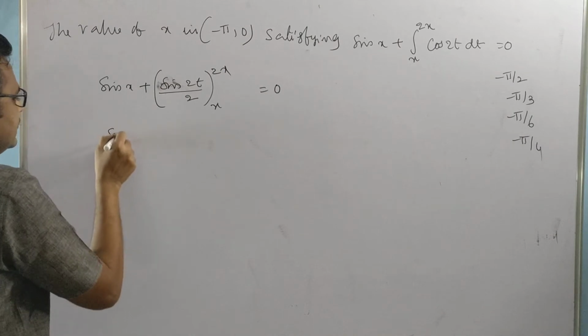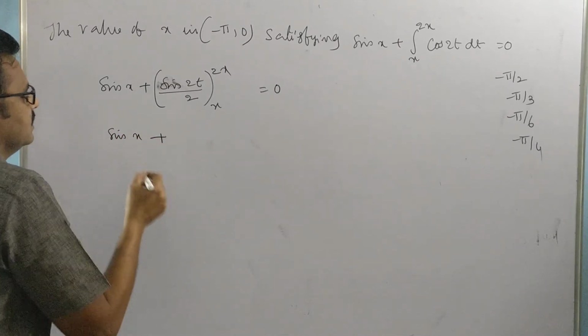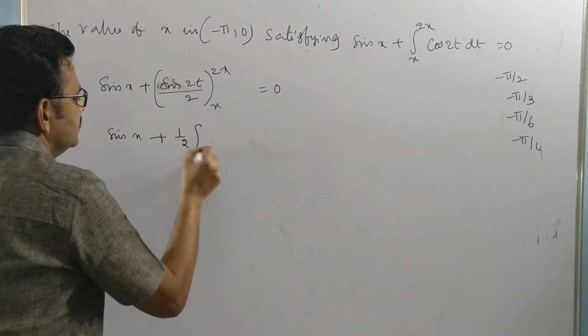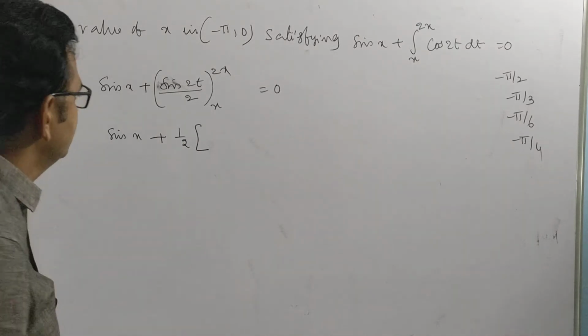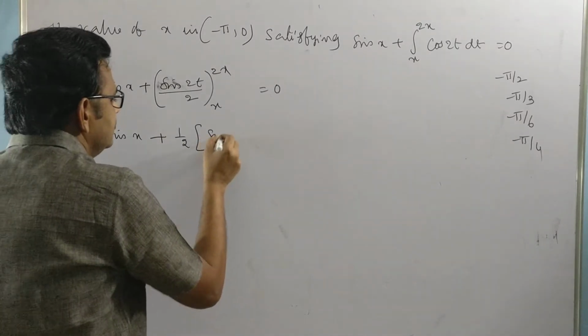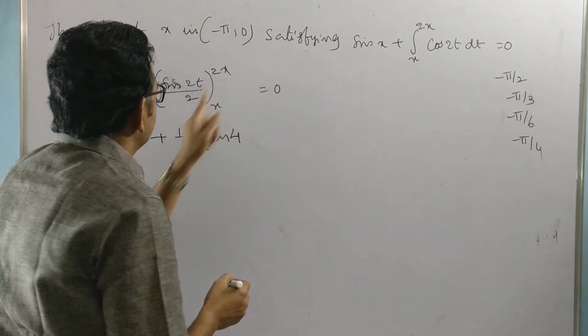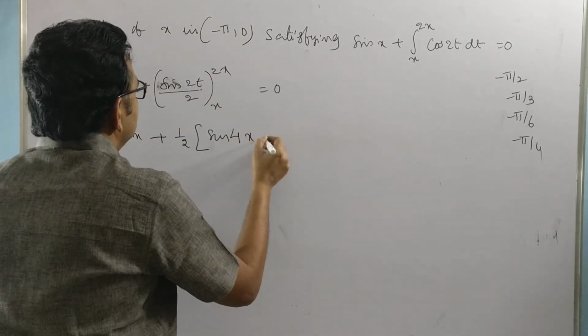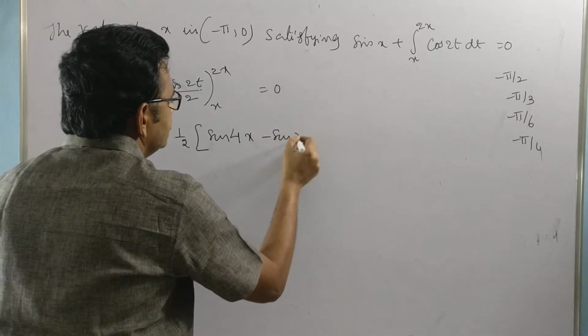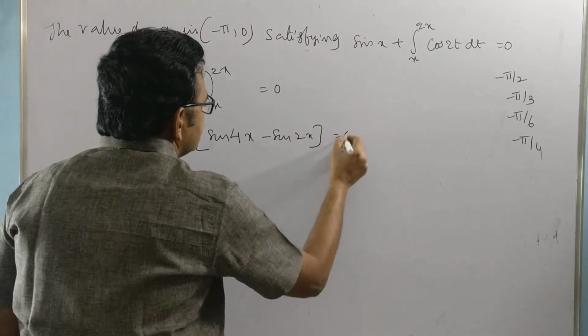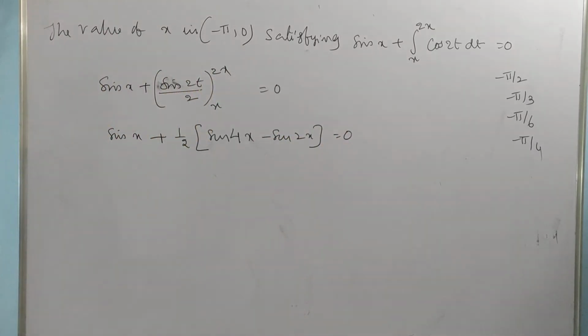So this is sin x plus 1/2 into, applying the limits, sin 4x minus sin 2x, because in place of t you write 2x. Upper limit minus lower limit.